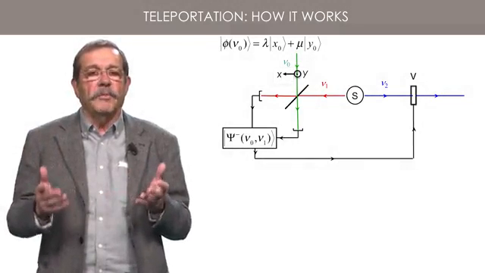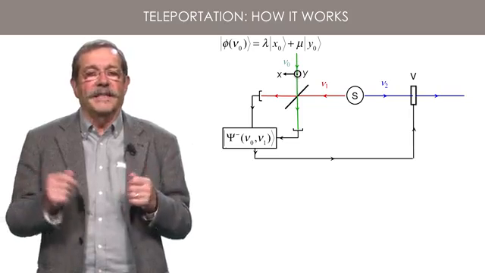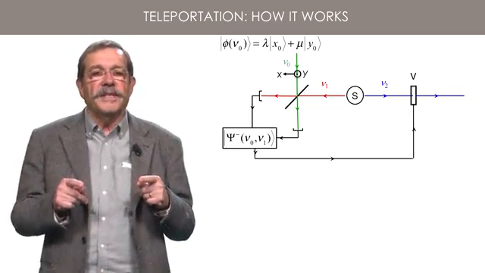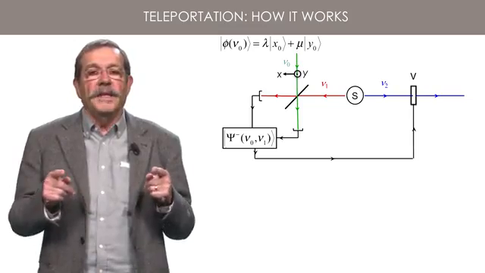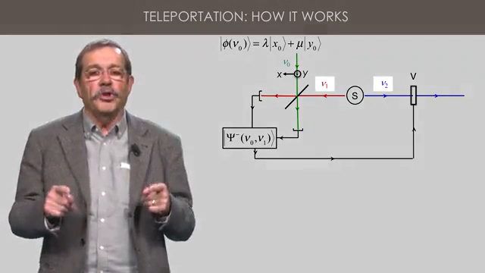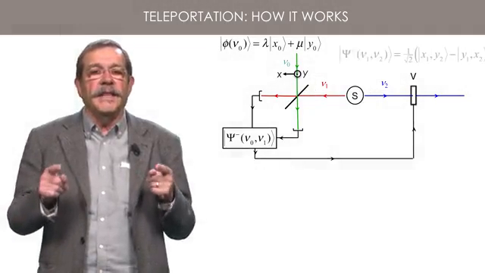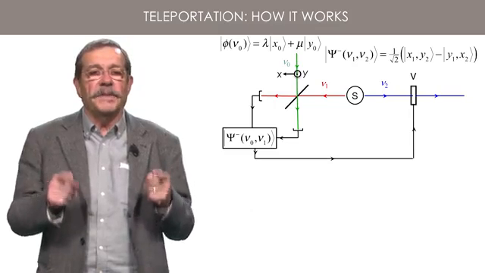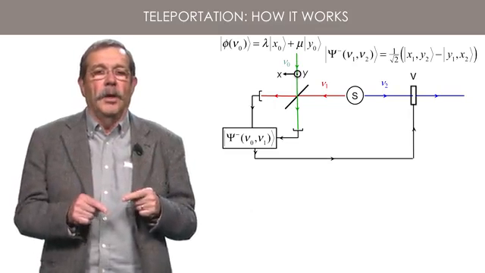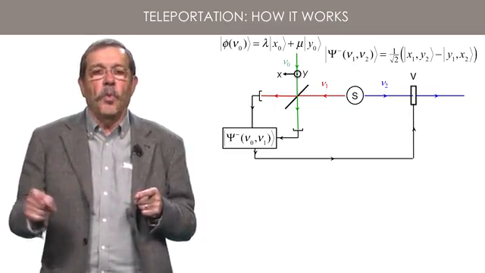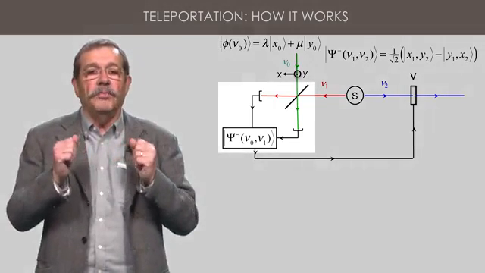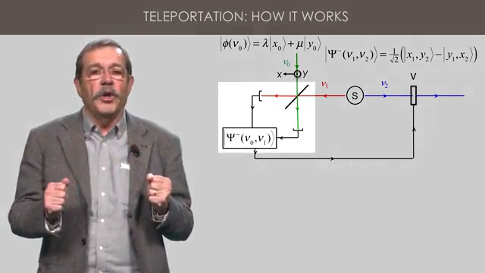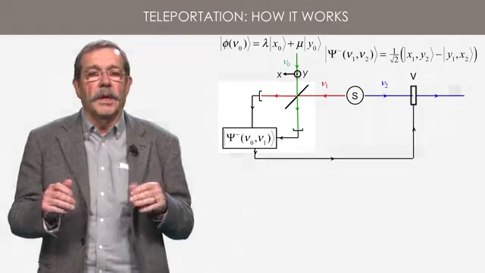We adopt the same convention for all legs. To teleport the state of nu0, we dispose of a pair of photons nu1, nu2 in the entangled Bell state psi minus. Photons nu0 and nu1 will be combined on a beam splitter followed by a joint detection system.